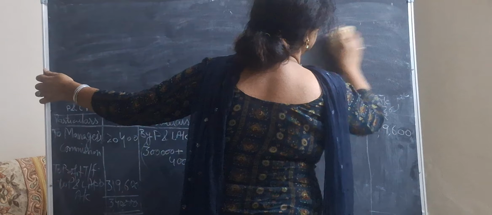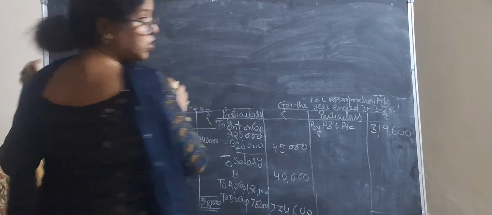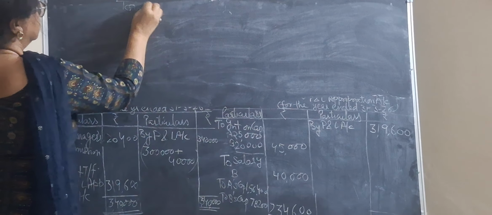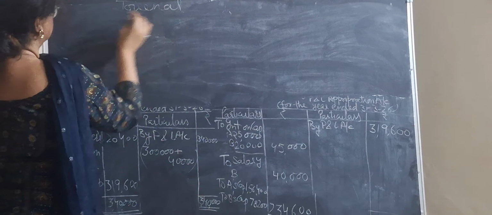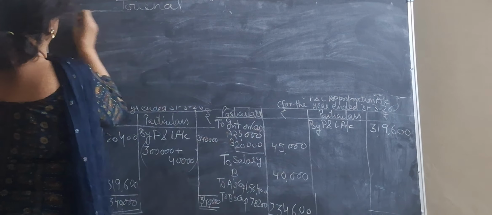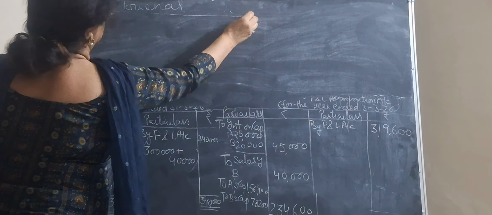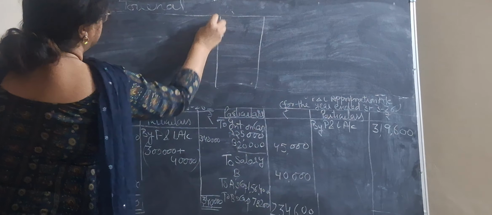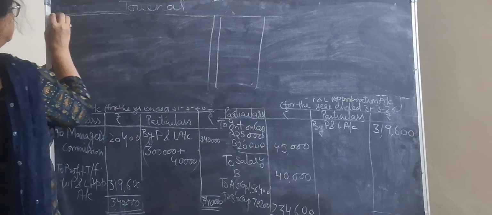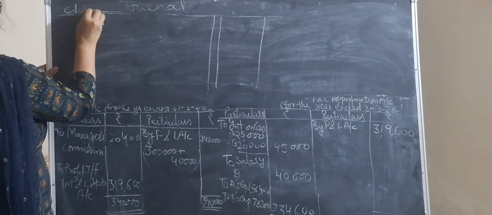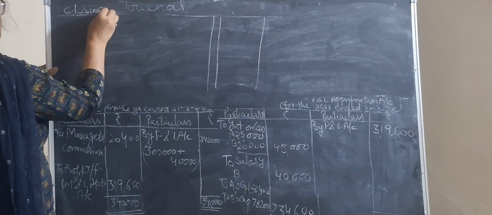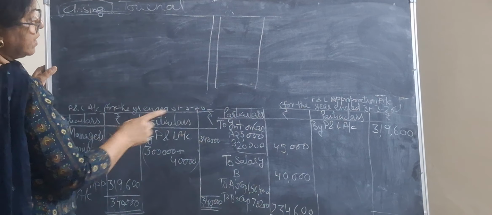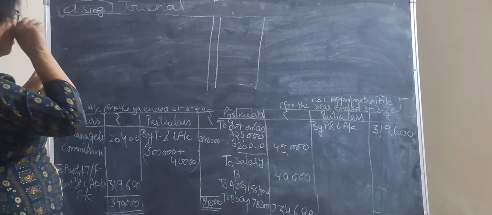We are making the journal now. First we'll write the closing entries. I've told you closing entries are done through the P&L appropriation account and the P&L account.